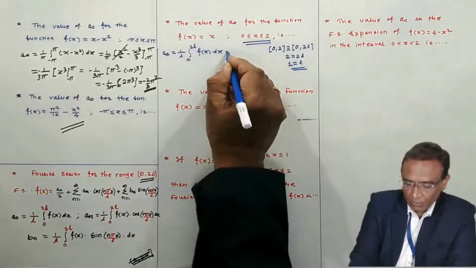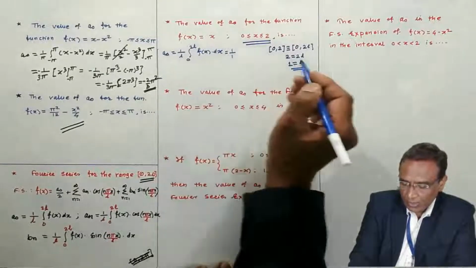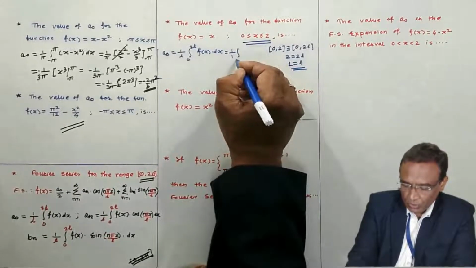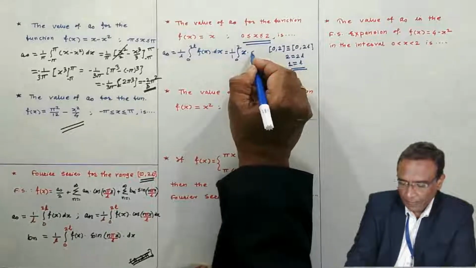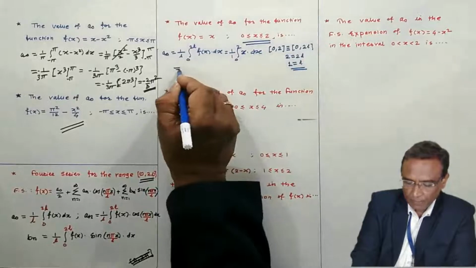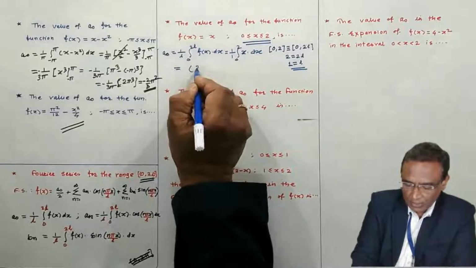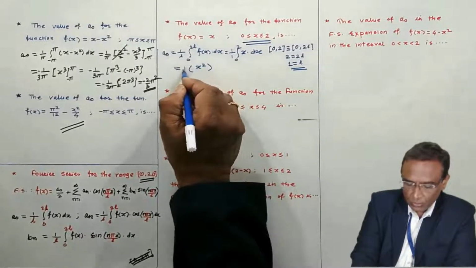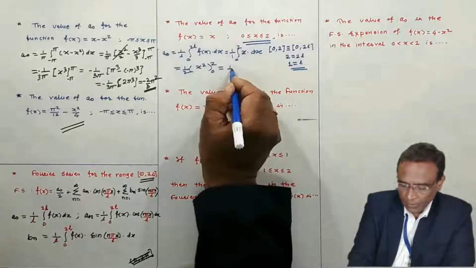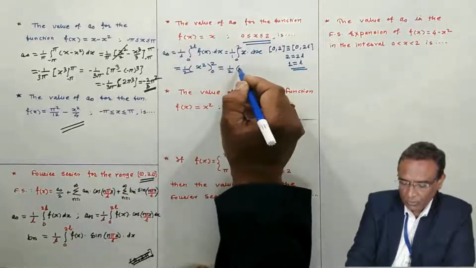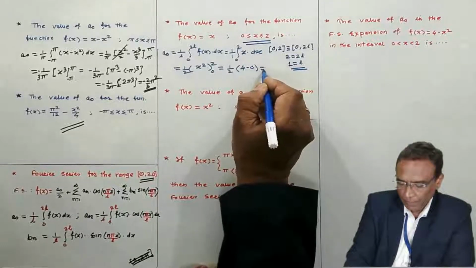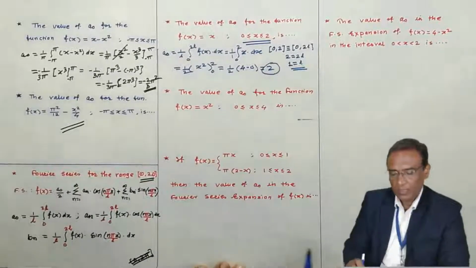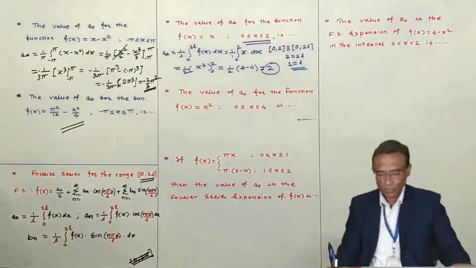Now, L is 1 in this case. 0 to 2, f(x) is x, integrating with respect to x. Now 1 by 1 is 1, the integral of x is x square by 2, I am writing 2 outside. Now 1 by 2, put x equal to 2, 2 square is 4 minus 0, and 4 by 2 is 2. This is the value of a0.